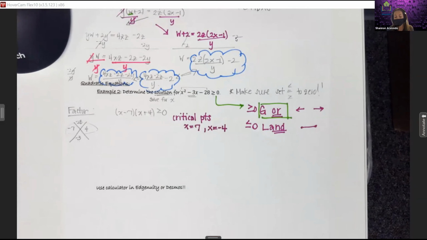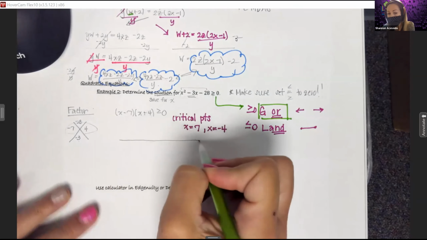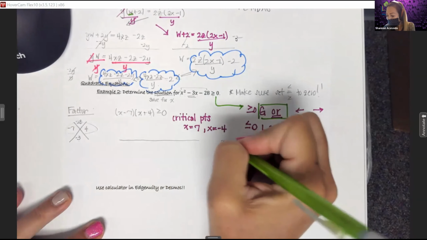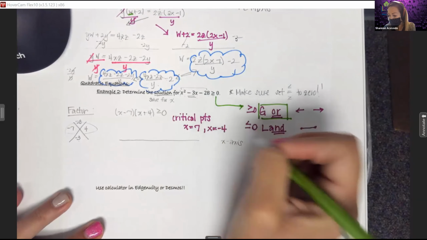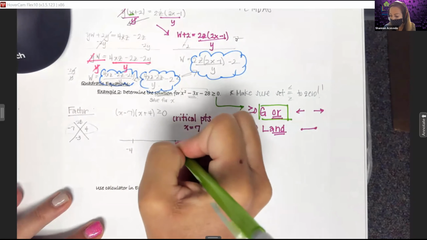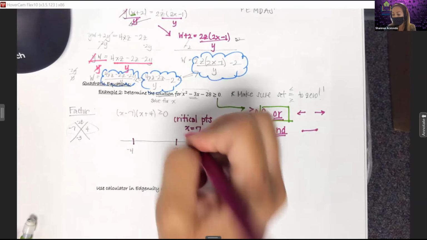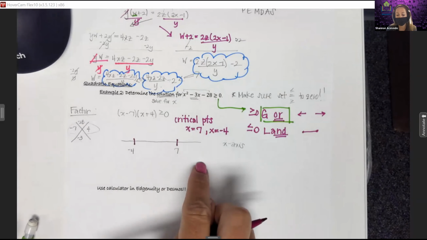These again are our critical points, and those are the points that we use when we create our number line. This number line basically represents our x-axis. So I have a point here at negative 4 and at 7, because these are my critical points.